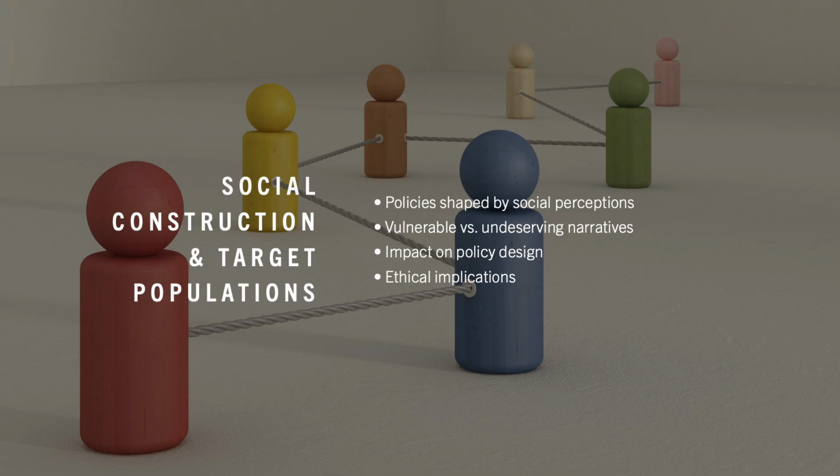These constructions influenced policy design, determining which groups received benefits and which aspects of the law faced resistance. This highlights the ethical role of perception, power, and values in public health policy.